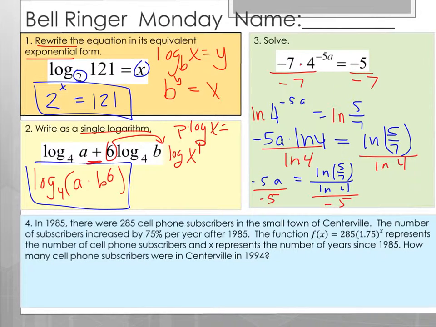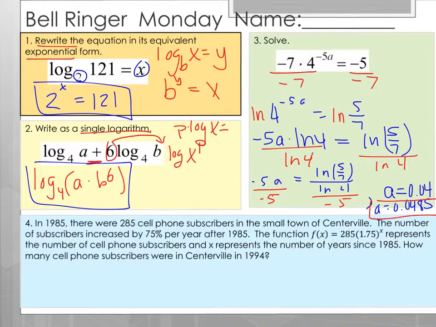Okay, and sticking that all into the calculator, we're going to see that a is equal to 0.0485. So I'm going to come over here and write that, 0.0485. And we could, of course, plug that back in to check our answer.